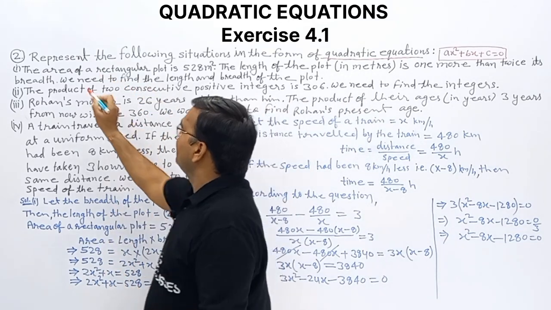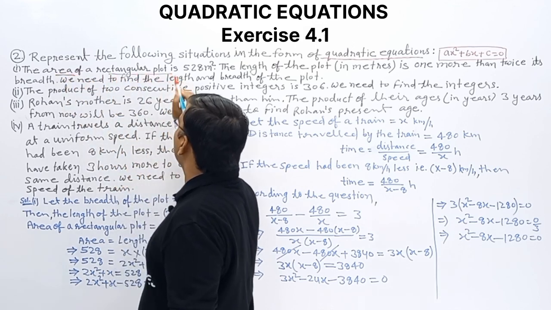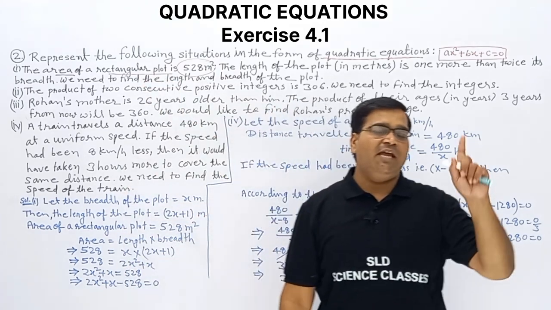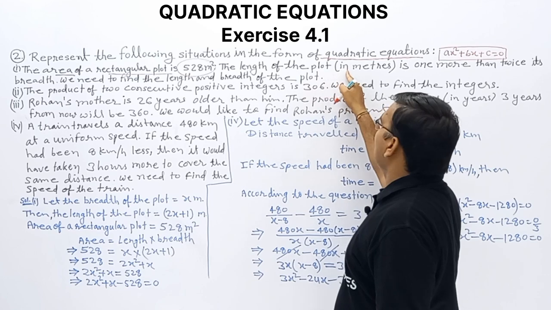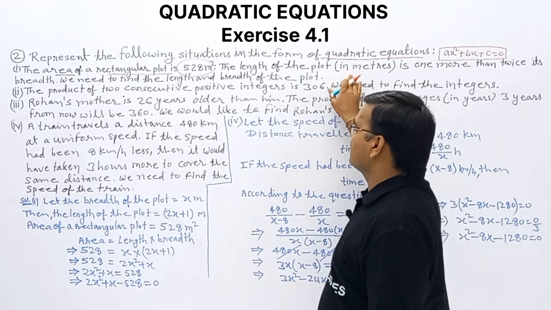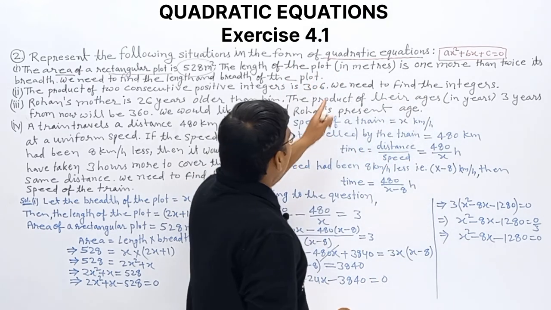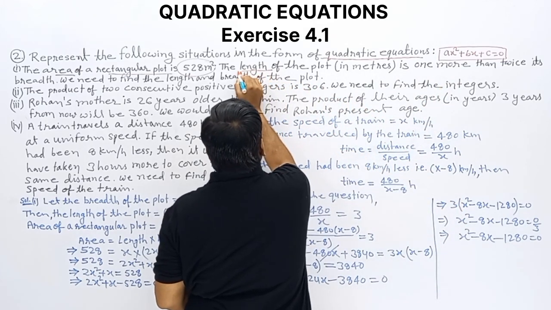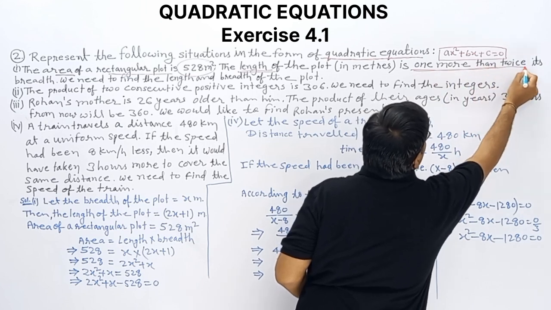Observe the area of a rectangular plot is given to us. We want the length of the plot, in meters. The length of the plot in meters is 1 more than twice its breadth.